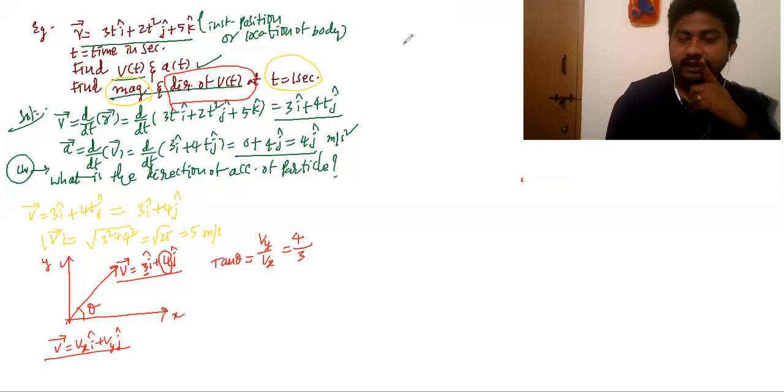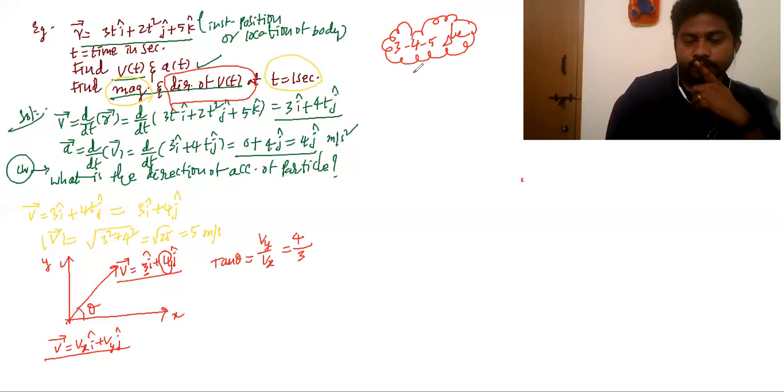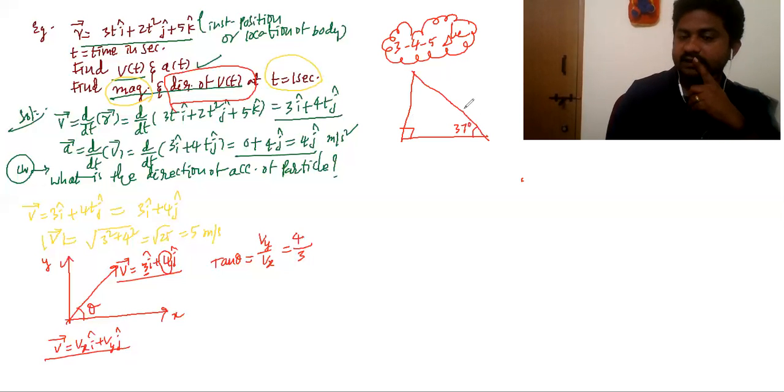So there is a triangle here, the 3, 4, 5 triangle. Important and easy concept. Imagine you have a triangle like this, with sides perpendicular to each other, and this angle let me say is 37 degrees.